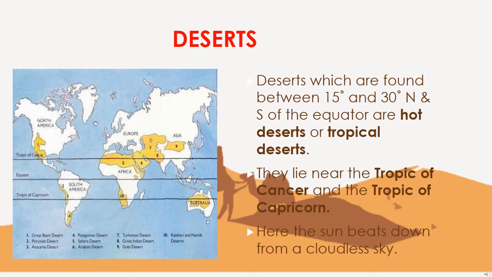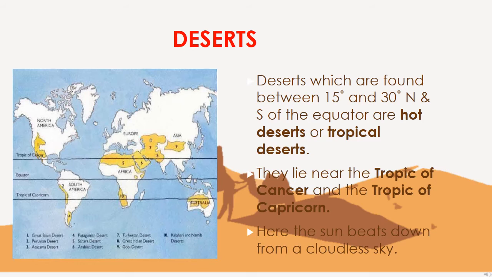You can see the line of the equator, and above the equator on the north side is the Tropic of Cancer, and below the equator on the south side is the Tropic of Capricorn. So you can see that near the Tropic of Cancer and Tropic of Capricorn, many desert areas are found, and these are hot deserts or tropical deserts.